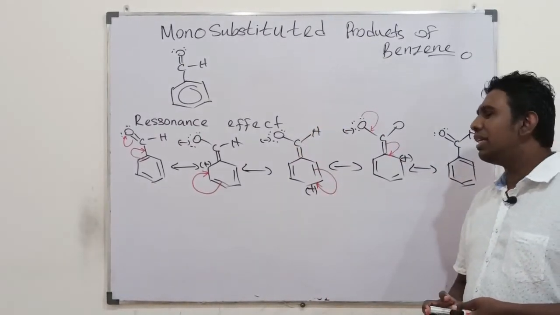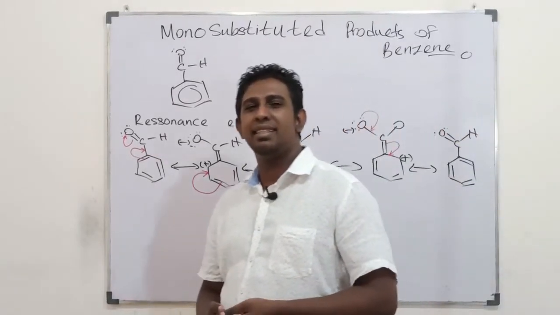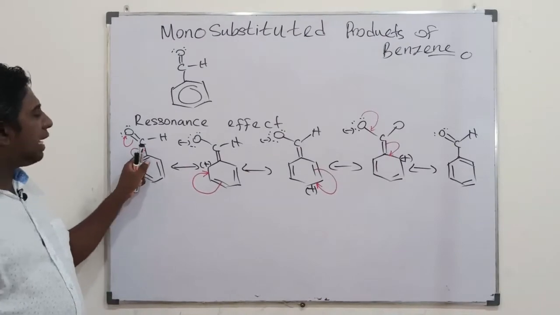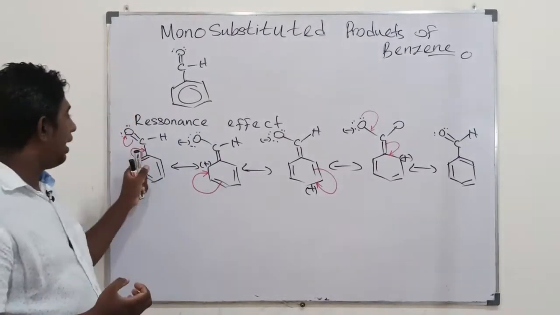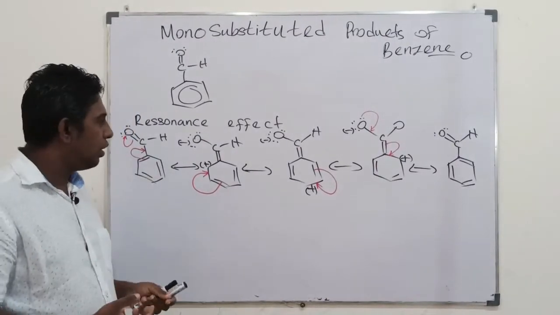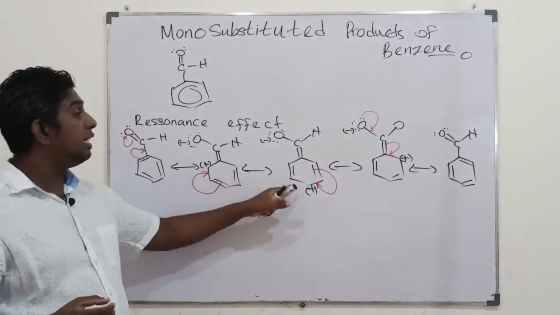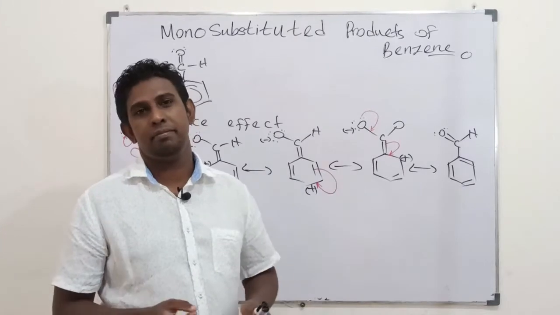Okay, then students, when you check those resonance structures, the group is taking electrons from benzene. Here you would see, within these 3 structures, a positive charge is maintained on benzene.